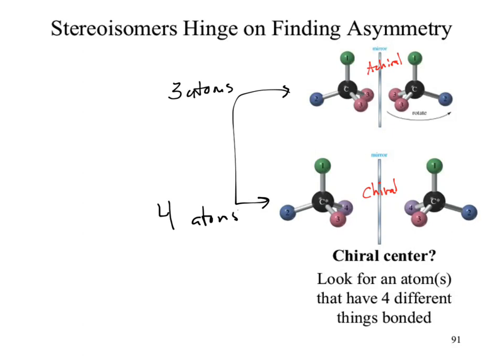So I'm holding on to 2, the top is 1, these 2 are 3. There's an internal mirror plane right through the middle of that bond. What happens if I put a mirror that splits that atom? It reflects across and I get the exact same thing.